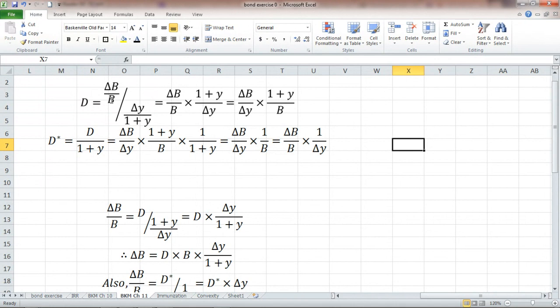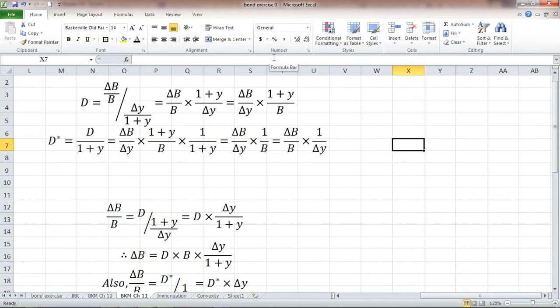And the percentage change in price is change in price over old price at time zero. And change in price is negative, right? When price goes down, quantity goes up. So the whole fraction will be negative. That's the nature of elasticity.